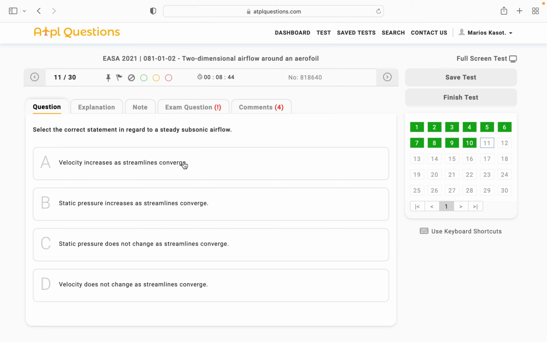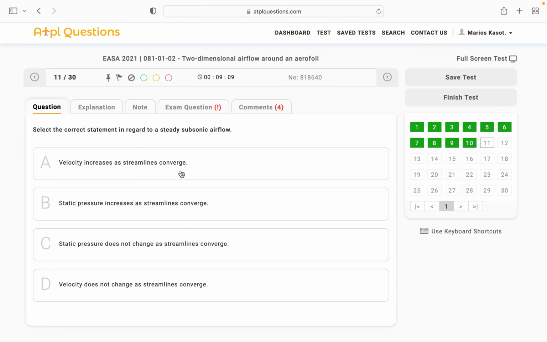Select the correct statement in regard to a steady subsonic flow. Velocity increases as streamlines converge. This is totally true. Let's see also the rest of them. Static pressure increases as streamlines converge. Wrong. Static pressure does not change as streamlines converge.